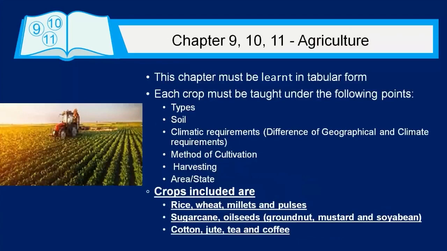You must learn the correct range of temperature and the rainfall requirement of crops. Example, for wheat temperature required is 10 degree to 15 degree centigrade and rainfall from 50 centimeter to 100 centimeter. Hence, temperature must be mentioned by range and not by single unit.